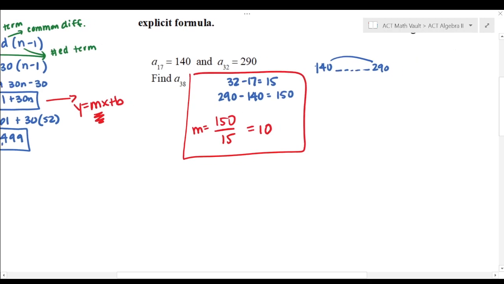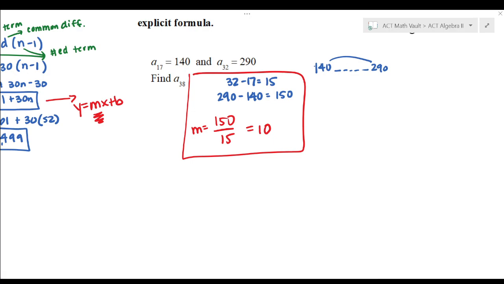Now I'm going to go back to blue so that you can see us going back to our original thought. We can do a sub n equals a sub 1 plus d times n minus 1. Remember, that's our function. So we know that 10 must be our jump from one number to the next. And if I know that, then I can figure out the a sub 1.